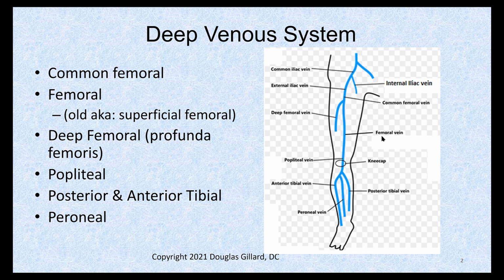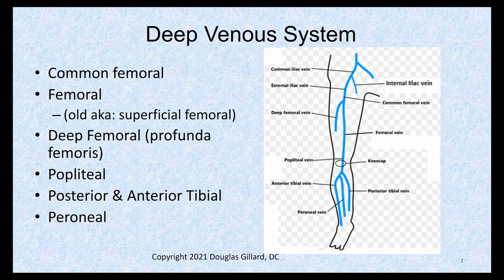So they used to call it the superficial femoral vein. Physicians would get confused when they got their ultrasound report back: patient has a blood clot or thrombus, severe thrombus in the superficial femoral vein. And they would remember back to school and think, oh, superficial blood clots, that's not that big of a problem, which is true, but this is not a member of the superficial system.